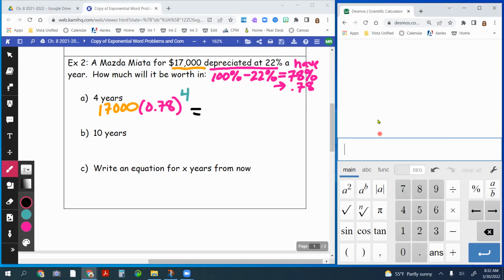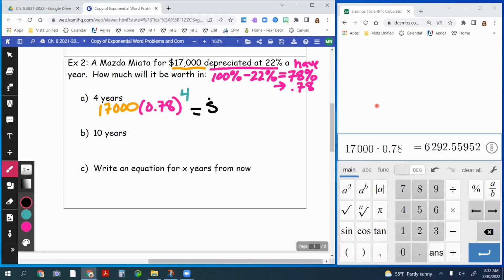So I'm going to have 17,000 times 0.78 raised to the power 4. And so that's going to be, this time this is money, $6,292.559. I'm going to round that up to 56 cents.